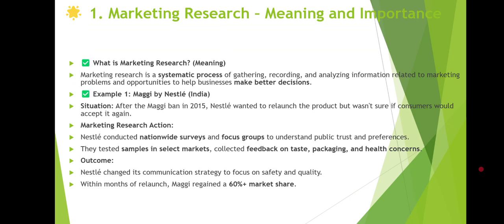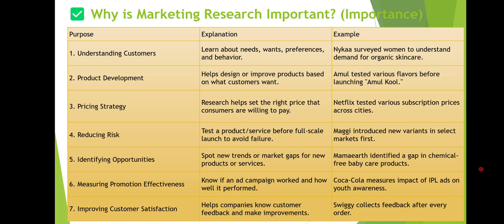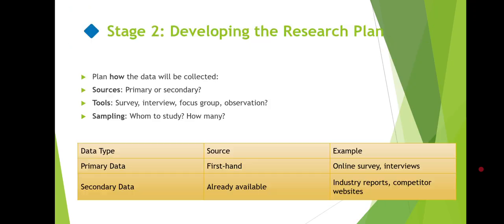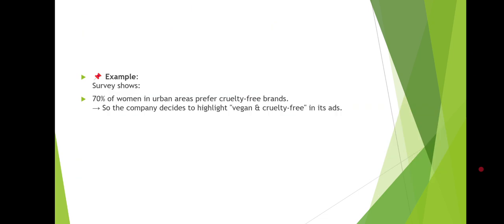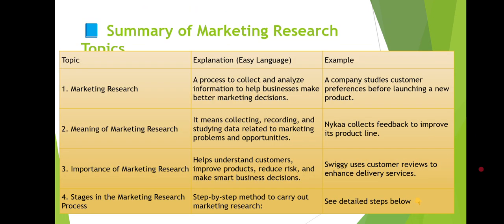So let's understand each and every topic one by one. These topics we already covered, so let's talk about the summary of these topics that we already covered in the previous video. First topic we have marketing research. That means it is a process to collect and analyze information to help businesses make better marketing decisions.